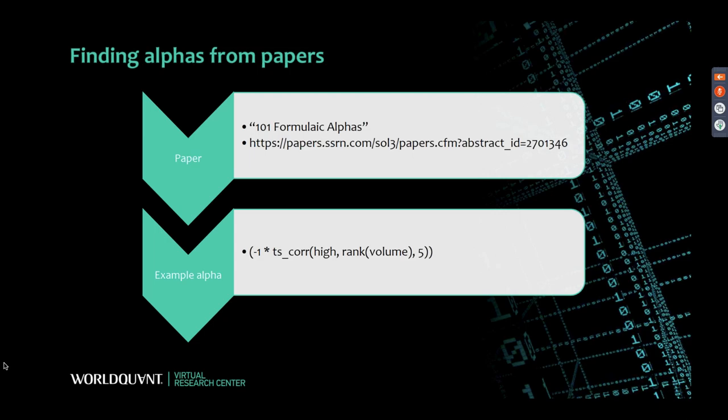Then those 2 quantities, high and rank volume, would be correlated. If the opposite is the case, so a high rank volume comes with a low high price, and a low rank volume comes with a high price, then those 2 quantities are anti-correlated.